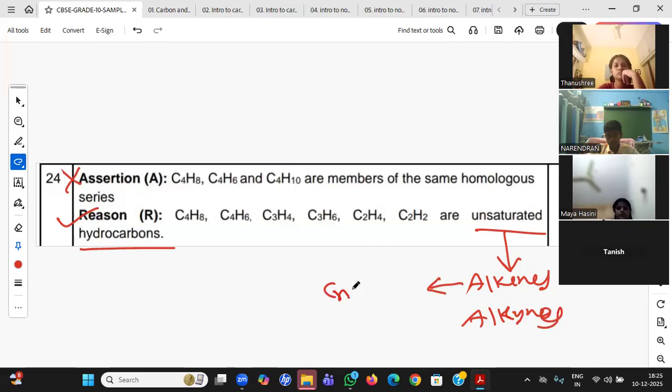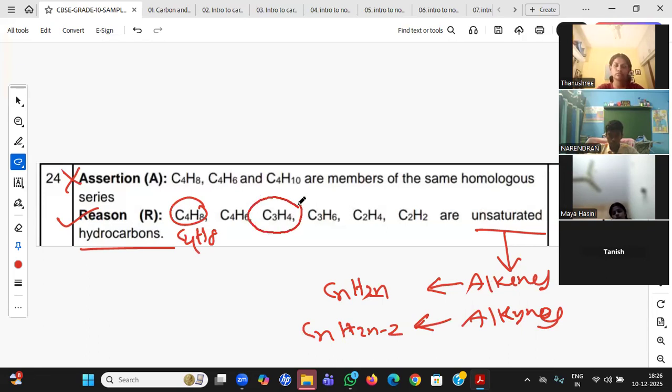Alkenes means its general formula is CnH2n. Alkynes means its general formula is CnH2n minus 2. You see, anything is following it. Keep n equal to 4, C4H2 into 4, H8. So what is C4H8? It's an alkene.